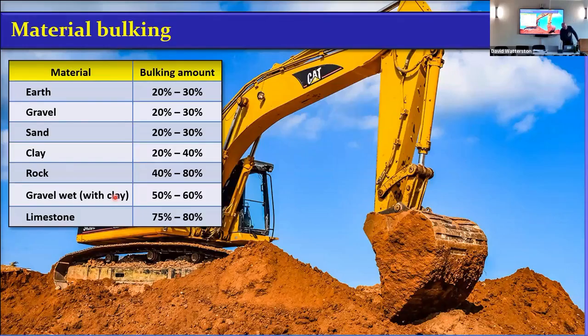So when you dig that out of the ground, it expands 50 or 60%. So when you say to the client, oh, we've got 10 meters of soil to take out because I've worked it out with my levels, so we're going to take out 10 cubic meters.